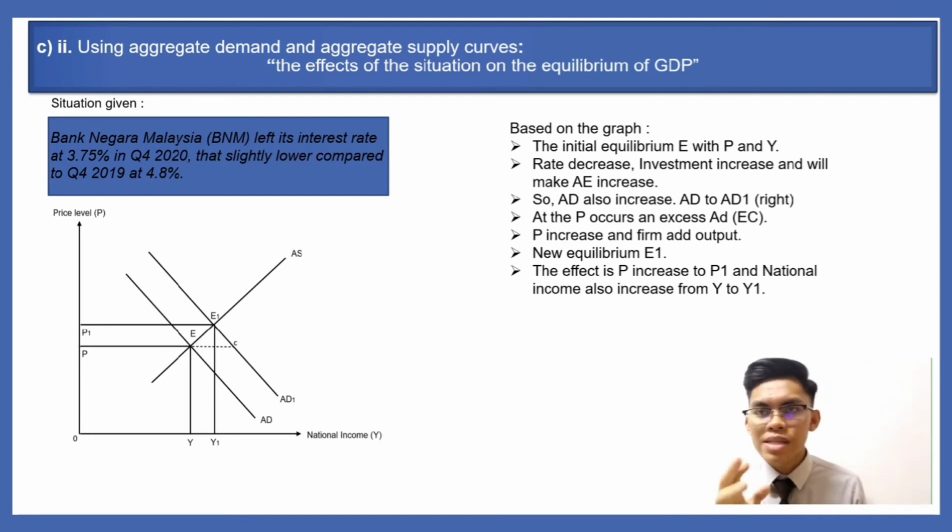This will increase the price level and the firms will add output. Therefore, the new equilibrium is reached at E1. As a result, the price level increased from P to P1 and national income also increased from Y to Y1. Alright, thank you.